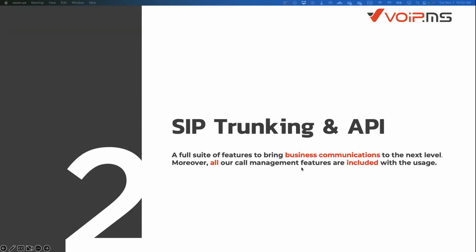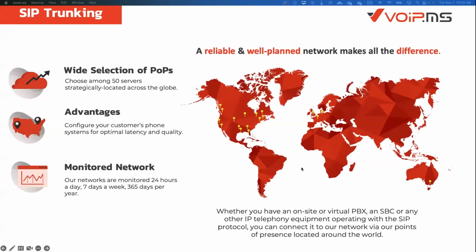A little bit about our SIP trunking and API solution. For the SIP trunking, we are global, so we have points of presence all across the world, from East Coast to West Coast in the United States and Canada, but also in France, United Kingdom, and Amsterdam, and also a little one very far in Sydney, Australia.